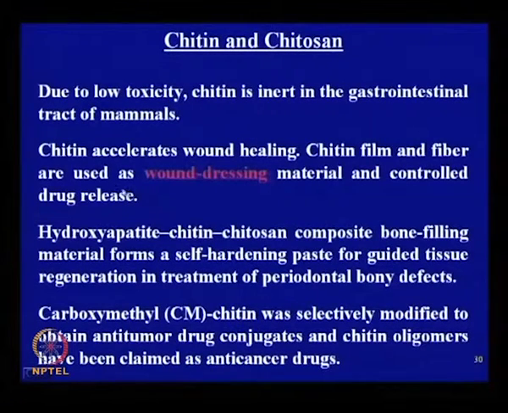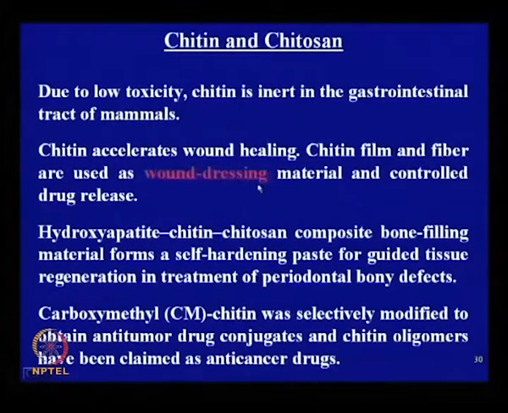Applications: their toxicity is low, this is inert in the gastrointestinal tract of mammals. So, this can be used for drug delivery purpose, and for a wound dressing material. That means, you can make a fabric, you can draw or spin fiber from these chitosan molecules.